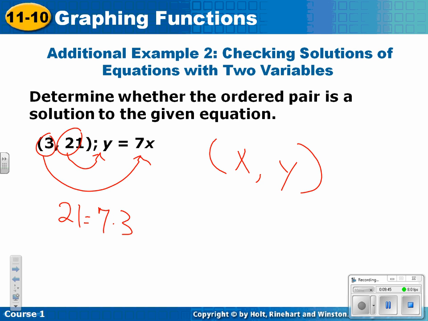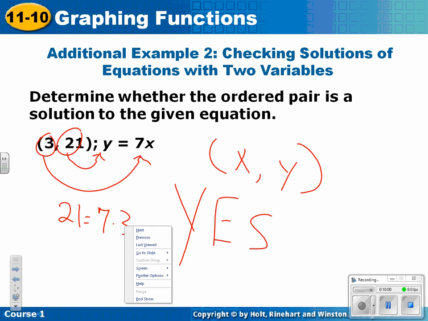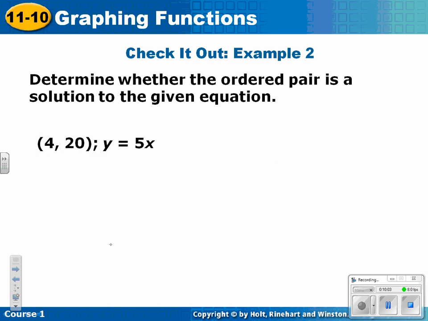Yes. So it says determine whether ordered pair is a solution. I would say yes. Remember doing that? Good. Next one. What do we have to do? Jonathan. Put 20 in for y.